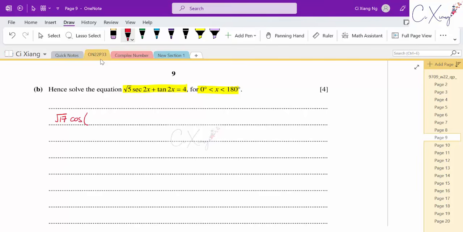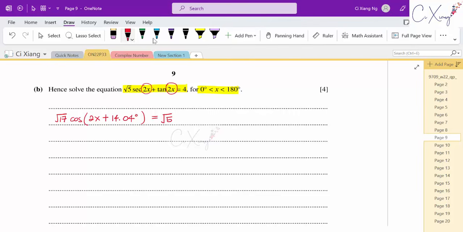In part A we had x plus 14.04, but now because the angle x has become 2x in part B, my cos angle here should also be 2x plus 14.04, and then equals square root 5.